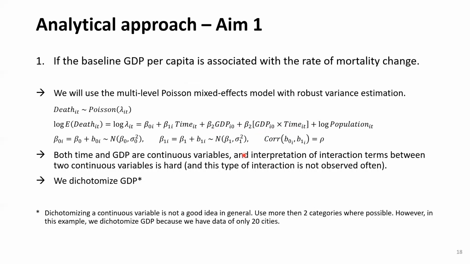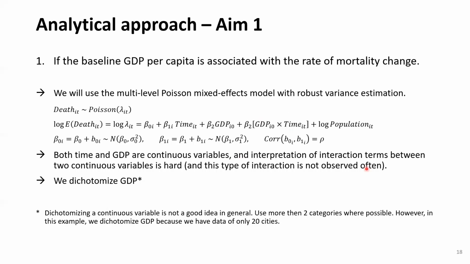The problem is that, first of all, interpretation of interaction term between two continuous variables is hard. And secondly, this type of interaction, two continuous variables interacting each other, is observed, but not in this form, multiplying two variables. So this is what I mean by not often.